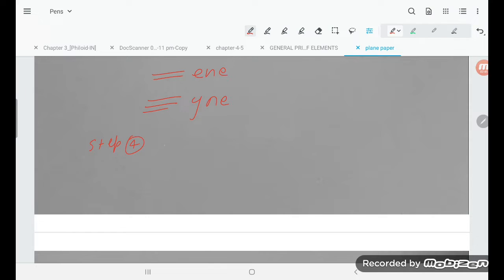Step number 5: name of the secondary suffix. Secondary suffix means the functional group. And what is the functional group in alcohol?